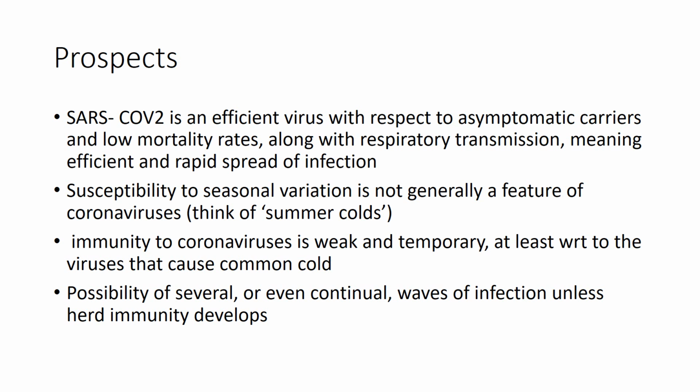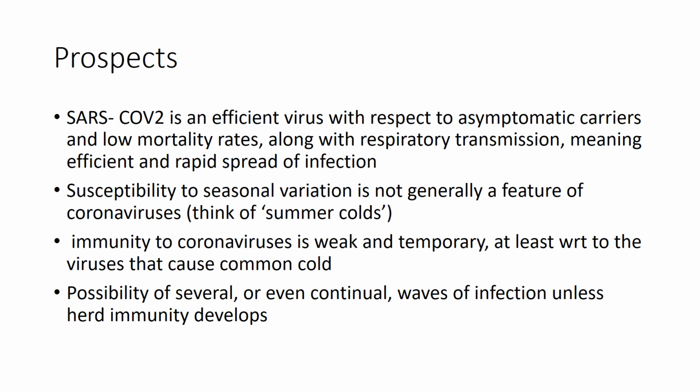So is seasonal variation a feature? It's hard to say. There are some people who are suggesting that it is. There's some data that came out of China that suggests that warm and humid temperatures may inhibit the spread of the virus. Yet to be seen. We know that summer colds occur. There's another coronavirus that doesn't seem to respect temperatures that well.